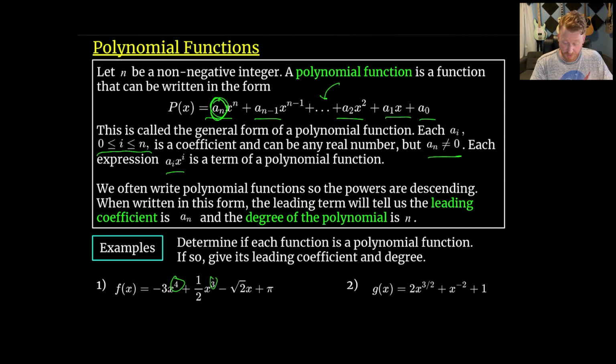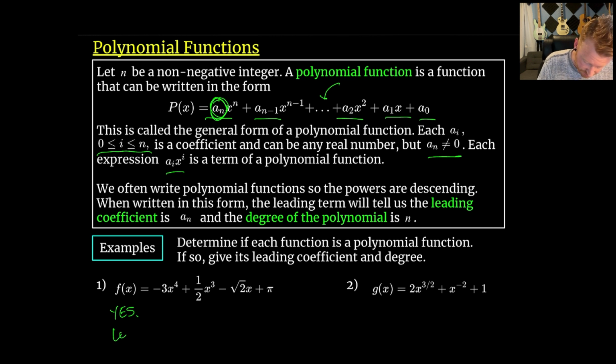And there's nothing wrong with pi being in there. All of these coefficients are just real numbers. They can be anything that they would like. It's the powers on the variables, the exponents, that need to be non-negative integers. So yeah, this appears to be meeting all of my requirements. So yes, this is a polynomial function. What else were we asked here? Give its leading coefficient.